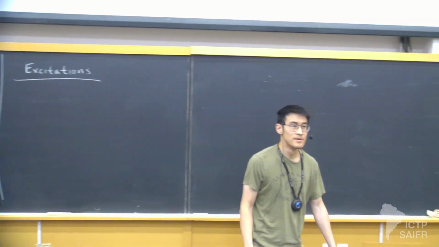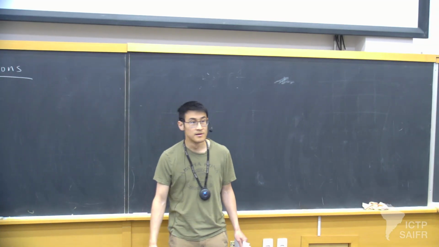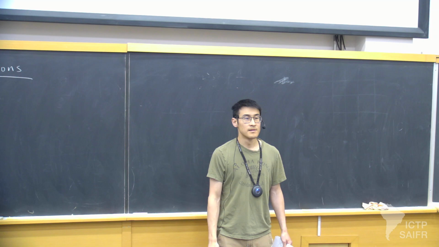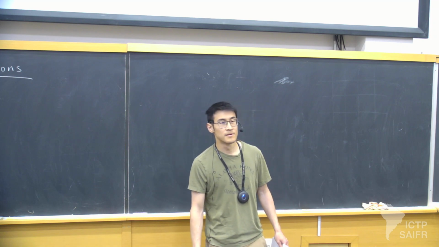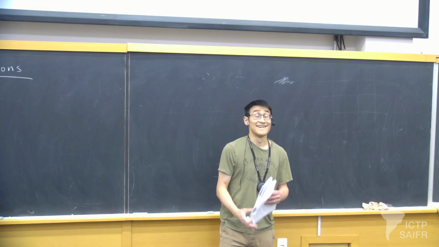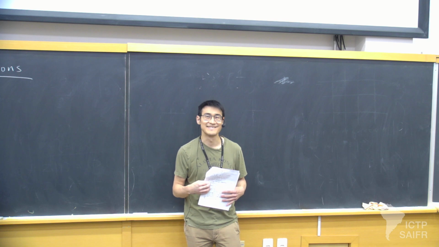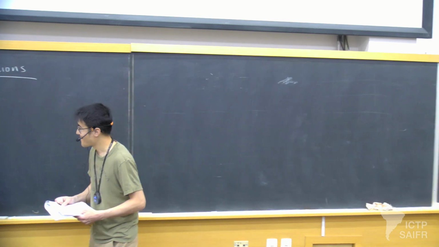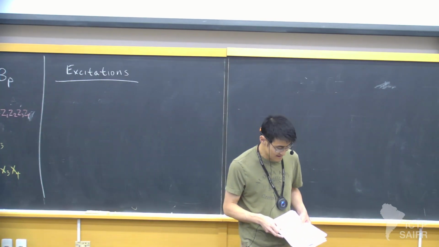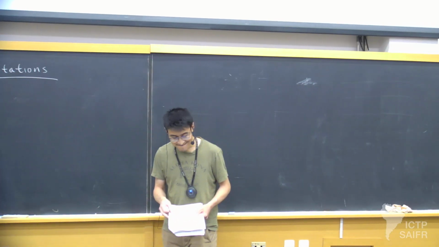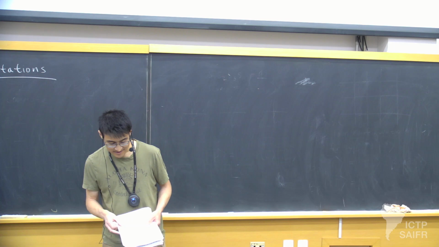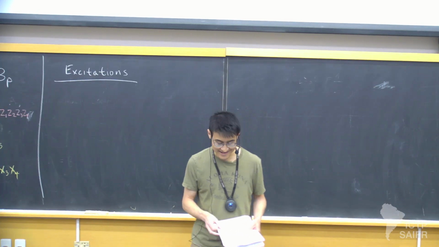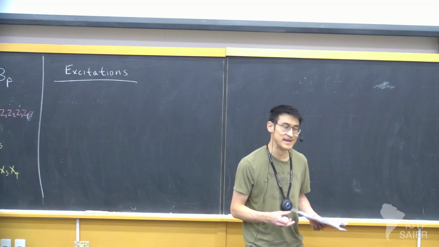These operators look very bosonic, but they can both create and destroy them. So is there some sense in which you can think of them as Majorana fermions? That's an interesting question. Well, not immediately.